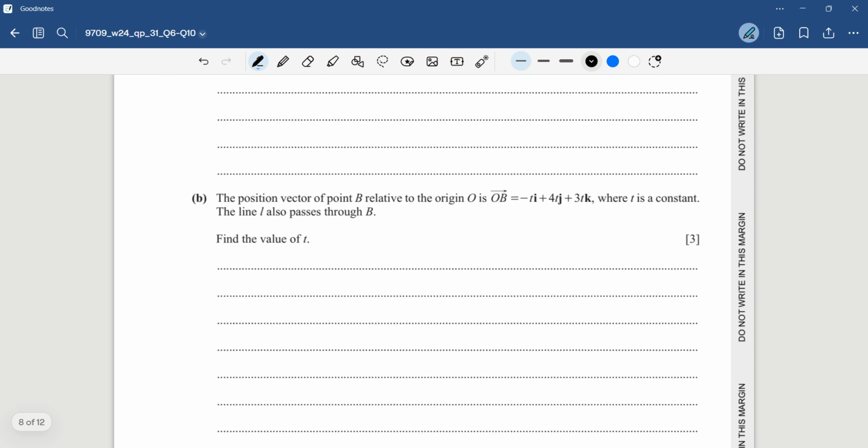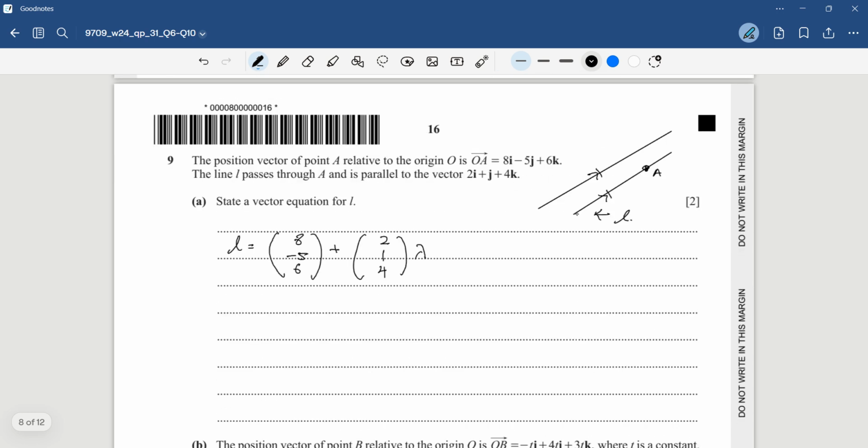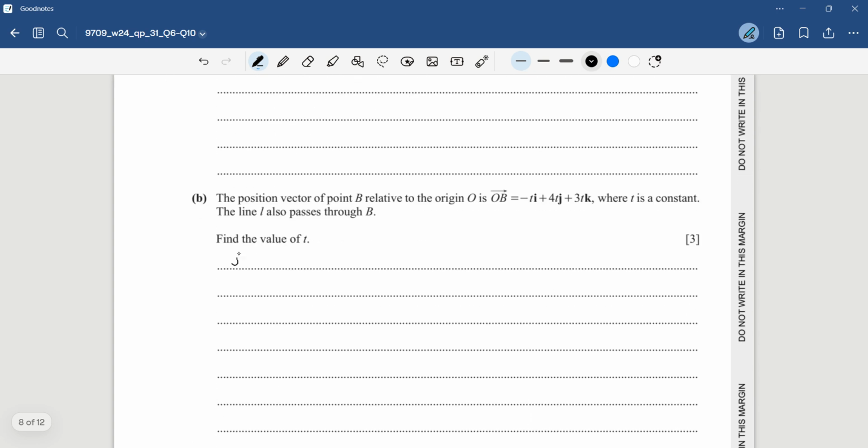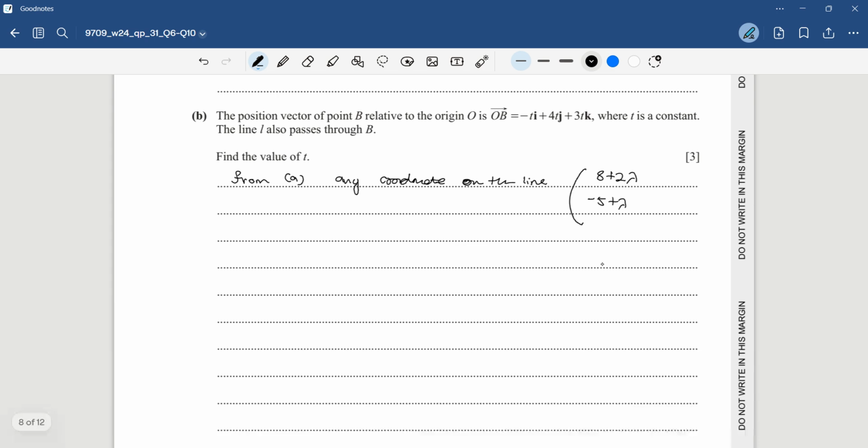For B, the position vector of B relative to the origin is this, where line L also passes through B. Let's say here is your B. From A, any coordinate on the line we can represent as (8 + 2 lambda, −5 + lambda, 6 + 4 lambda).